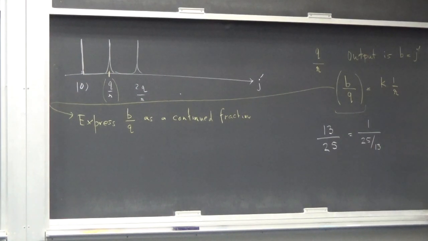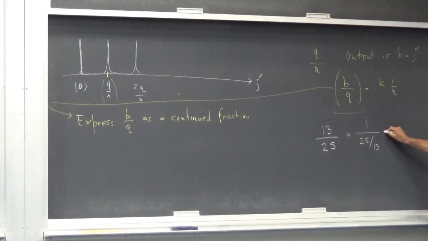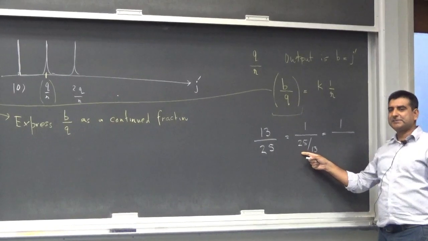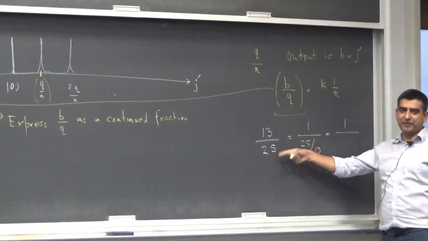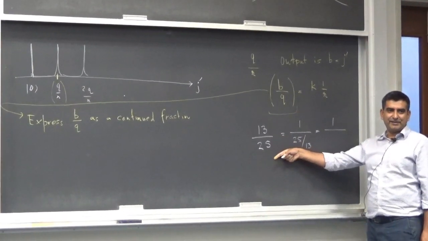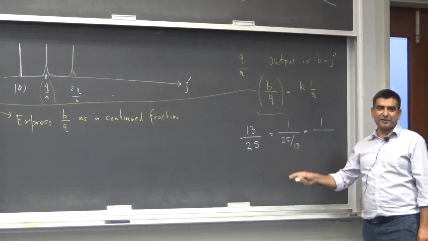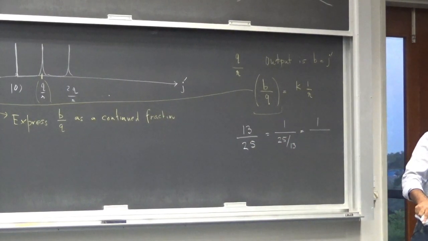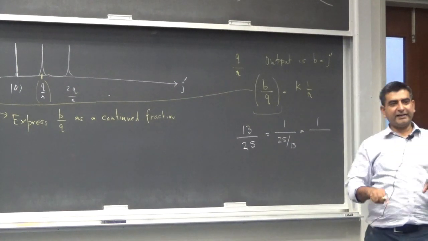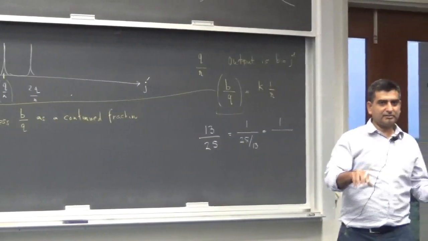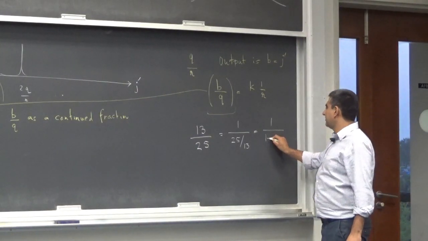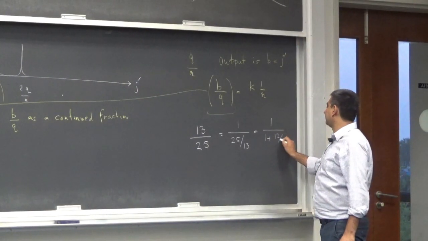Now I want to break this up. In the first step I invert. In the second step I take the denominator and split it into an integer and a fractional part. So this becomes 1 plus 12 over 13.